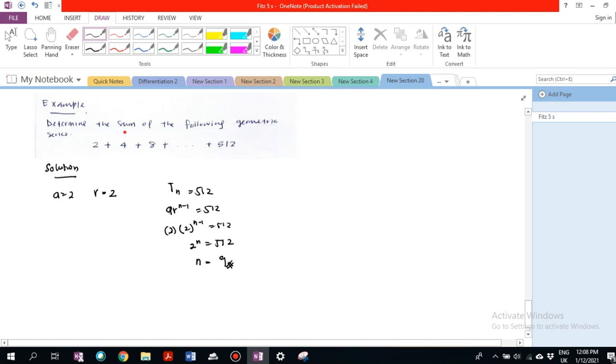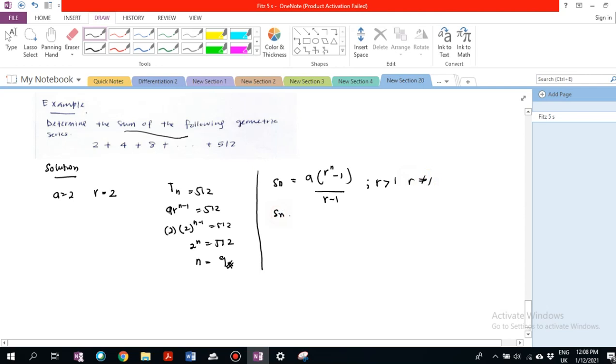Now the question asks for the sum of the following. So the formula of the sum is Sn is equal to A times R to the power of n minus 1, divided by R minus 1, where R is bigger than 1, or R should not be 1.